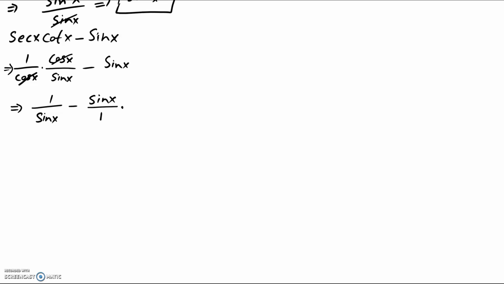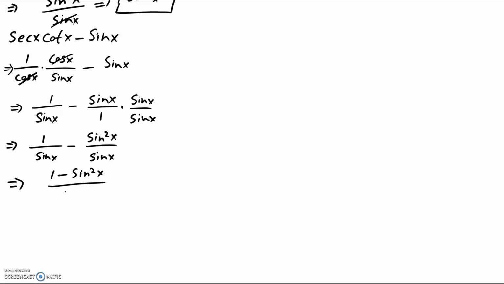I'm going to multiply this expression with sin x to make same denominators. Okay, and it's going to be 1 over sin x minus sin squared x over sin x. You can see that these two fractions have same denominator, and the next step is going to be 1 minus sin squared x over sin x.